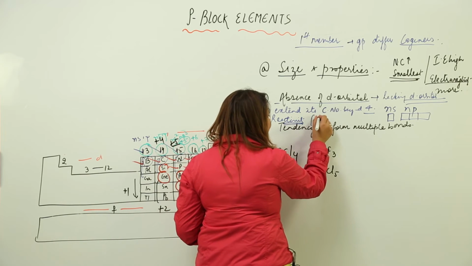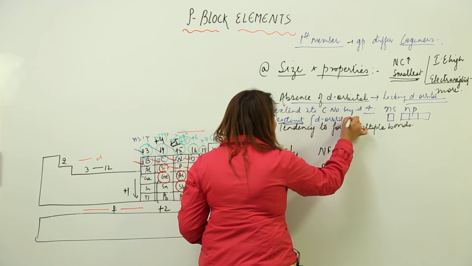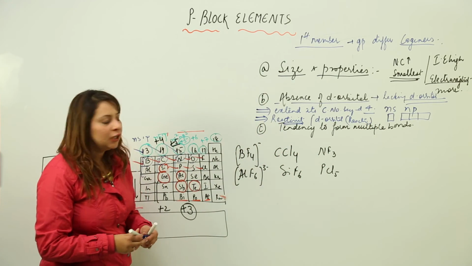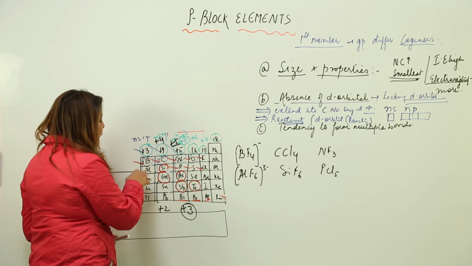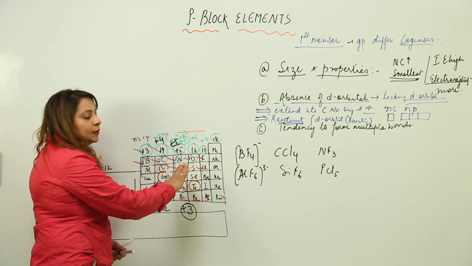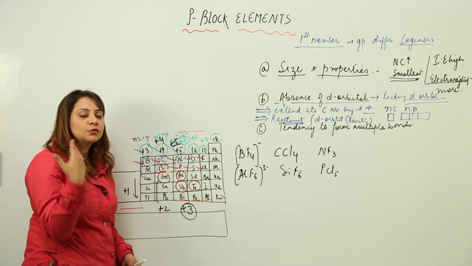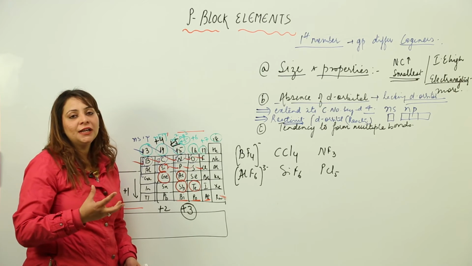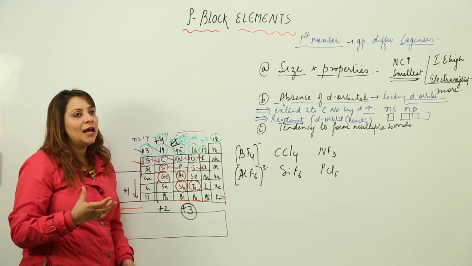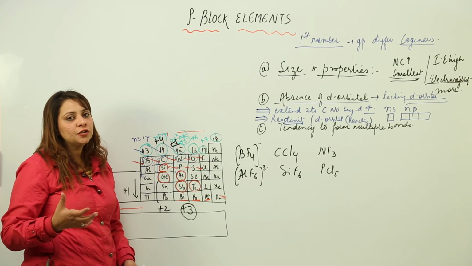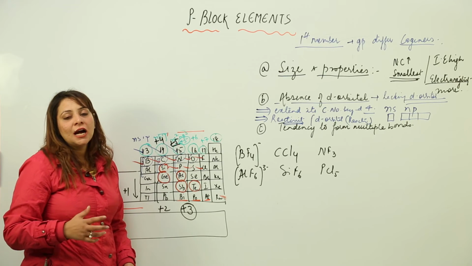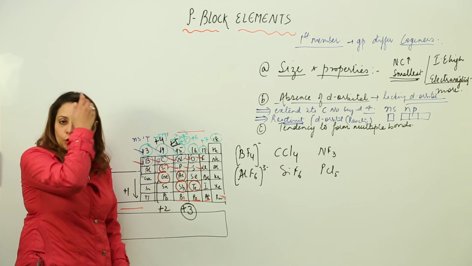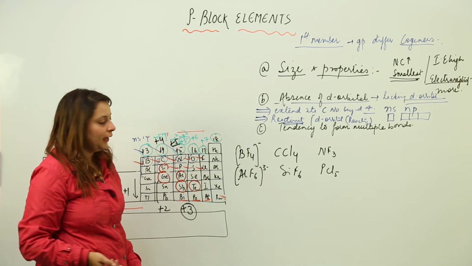The one which has a d orbital is comparatively more reactive than the one which does not. As we know d orbitals start from this place, the lower members are more reactive as compared to the first member which lacks d orbital, because d orbital has more energy. More energy means it is unstable, which means it is more reactive in nature. But the first members do not have any d orbital, so they are less reactive.